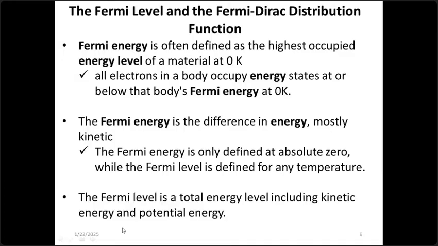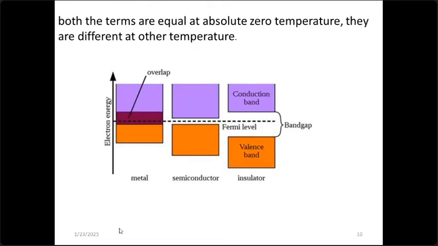But Fermi level can be defined at any other temperature. So when we say that we can define it at any temperature, then we can say it is the total energy level including kinetic energy and potential energy.